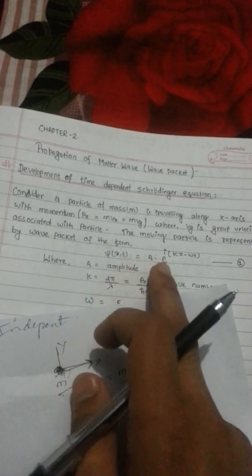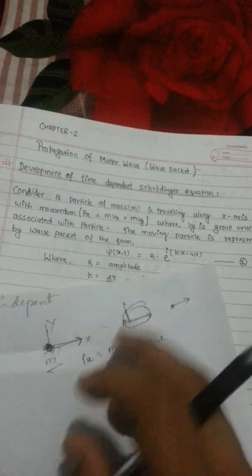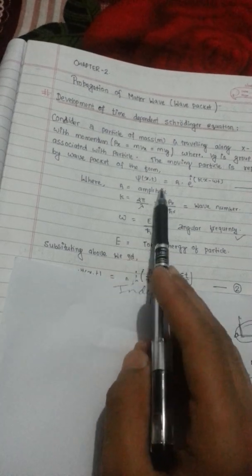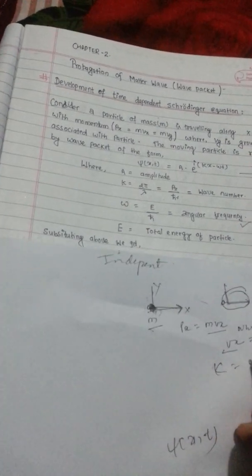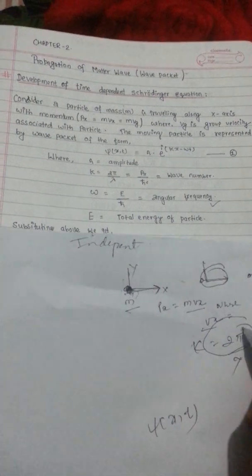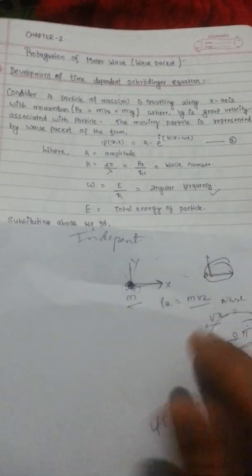This is psi of x comma t equal to A e raised to the power i(kx minus omega t), where A is the amplitude and k equal to 2 pi by lambda is the wave number. K is the wave number and this is equal to px by h cut.